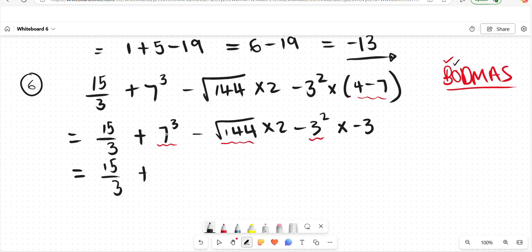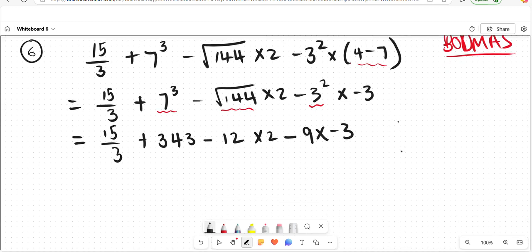I'm going to cube the 7 and I'll get 343. I'm going to square root the 144, which is going to be a 12. And I'm going to square the 3, and when I square it, I'm going to get a 9. And so I get something that looks like that.